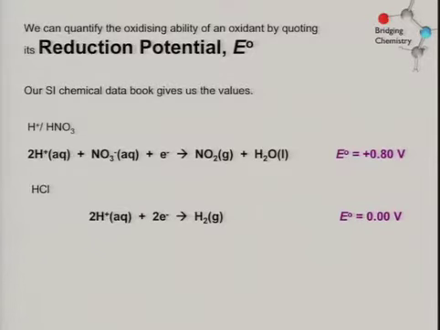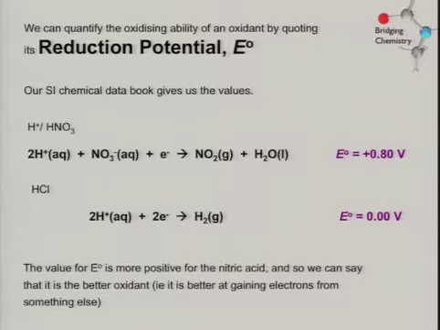If we look up our copper number, oh no, we still don't have that. The value for E standard is more positive for the nitric acid, and so we say that it is the better oxidant. And we saw that before, because if you compare the reactivity with copper, nitric acid reacts, hydrochloric acid doesn't, so nitric acid seems to be a better oxidant.